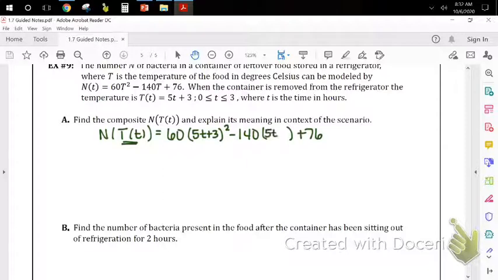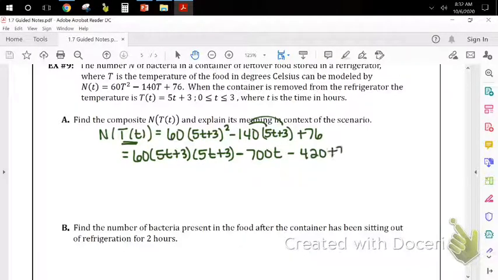And so we're going to simplify this. So I have 60 times 5t plus 3 times itself, because it was squared. Don't distribute that square across that parenthesis because the plus sign won't allow it. We can go ahead and distribute here, so we get minus 700t minus 420 plus 76.